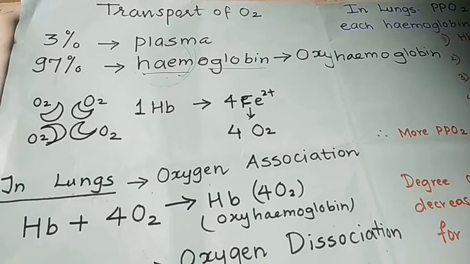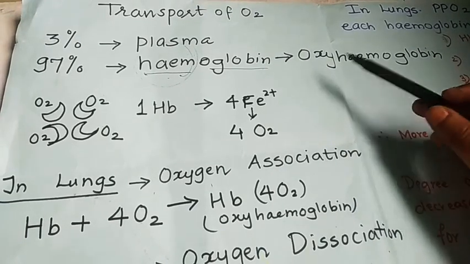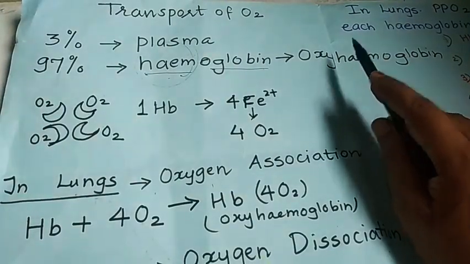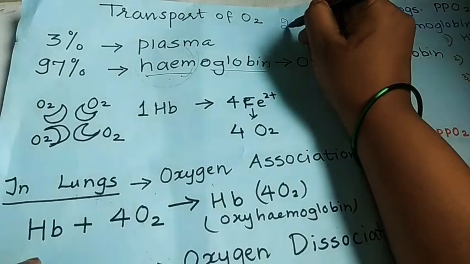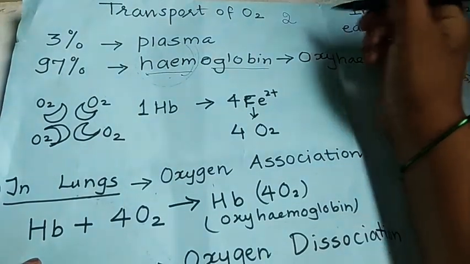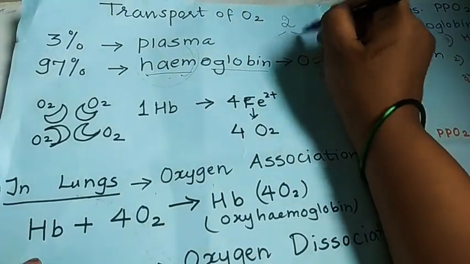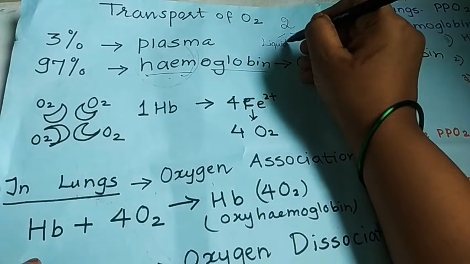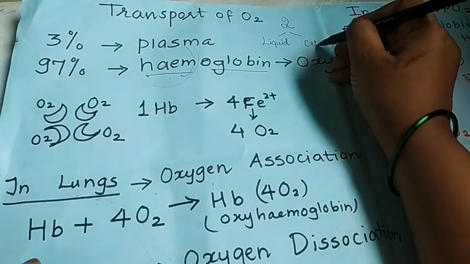First we will see the fate of oxygen. Transport of oxygen. Now the oxygen is present in our blood, and that blood is having how many parts? Two parts. What are the two parts of the blood? First part of the blood is the liquid part, and the second part is the cellular part.